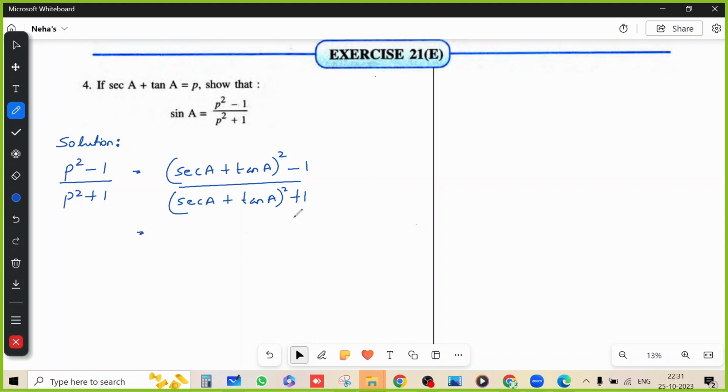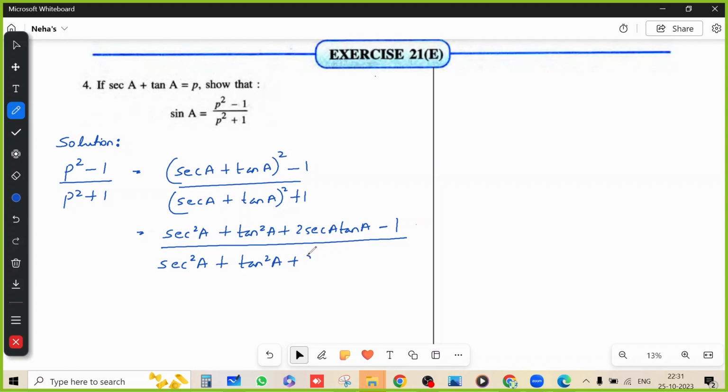Now we will expand it using the formula of a plus b whole square. So this will become sec square a plus tan square a plus 2 sec a tan a minus 1, and in the denominator it would be sec square a plus tan square a plus 2 sec a tan a plus 1.